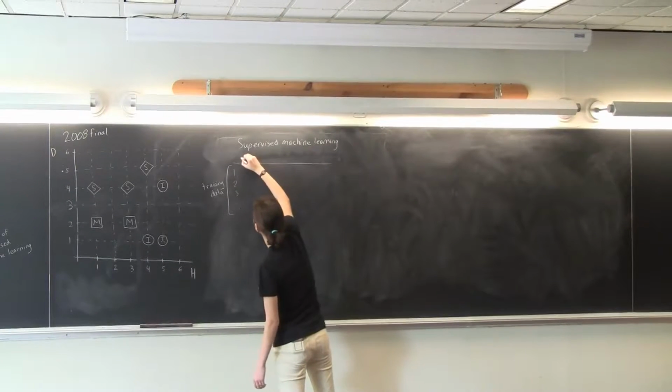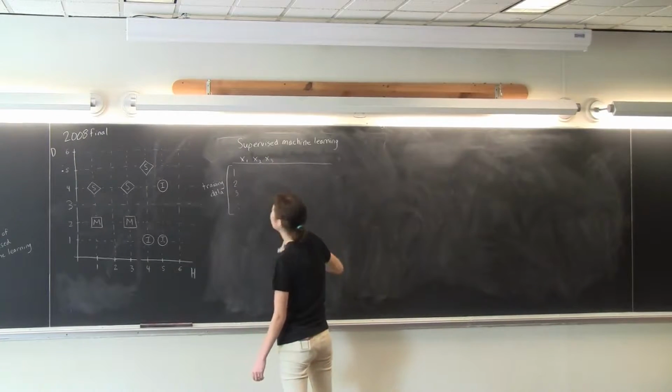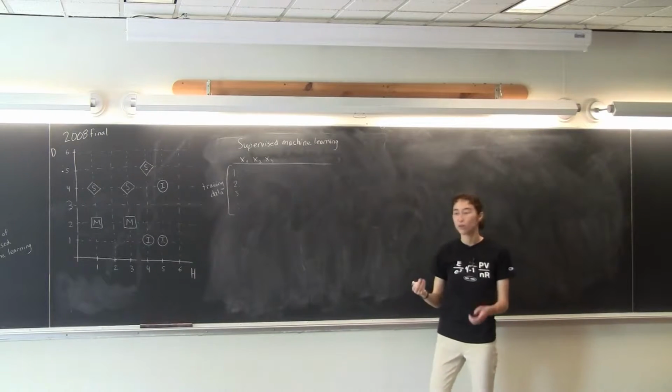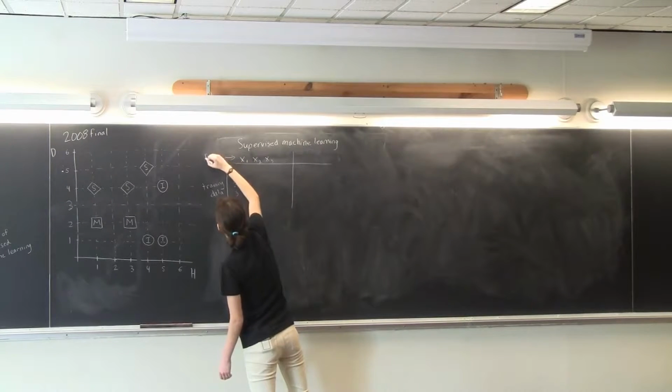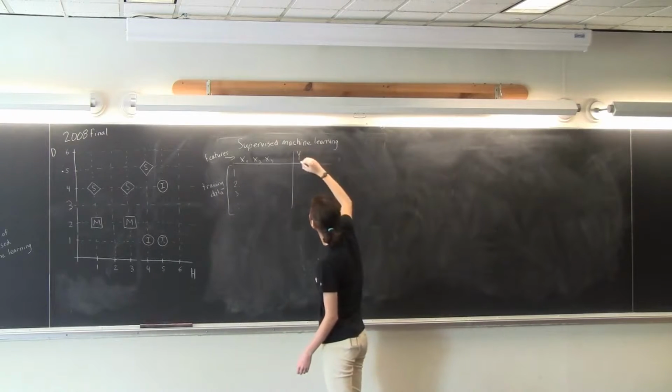Just to make this generic, we'll say that the features are x1, x2, x3, and so on. These could be things like whether or not they eat garlic, whether or not they cast a shadow, how tall they are. So these are features. And then each of these points has some known classification that we'll call y.